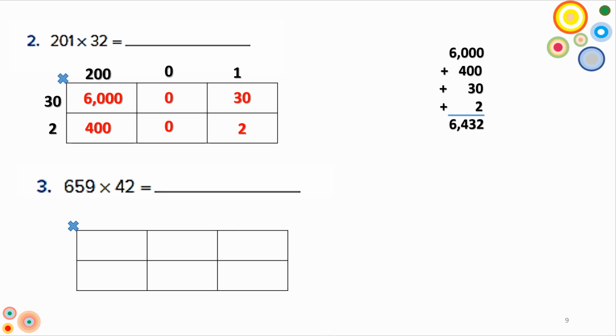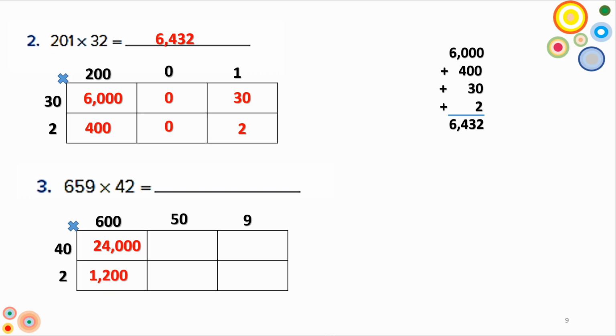The next one, 659 times 42. 600 plus 50 plus 9, and the other number 40 plus 2. 4 times 6, it will be 24, and we have 3 zeros, so 24,000.